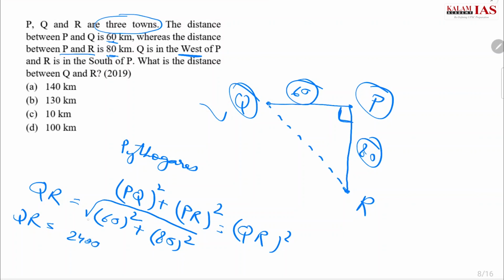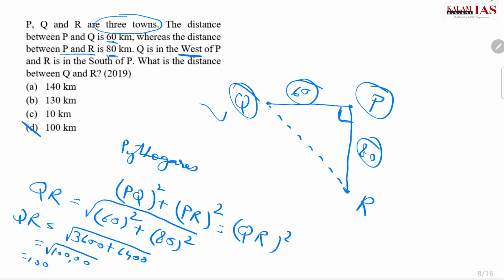3600 plus 6400. The answer is 100 kilometers.